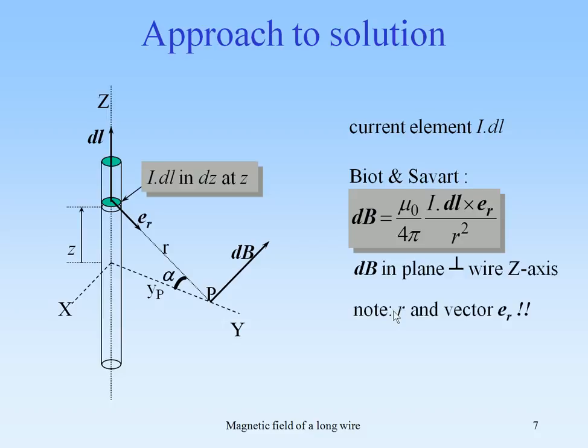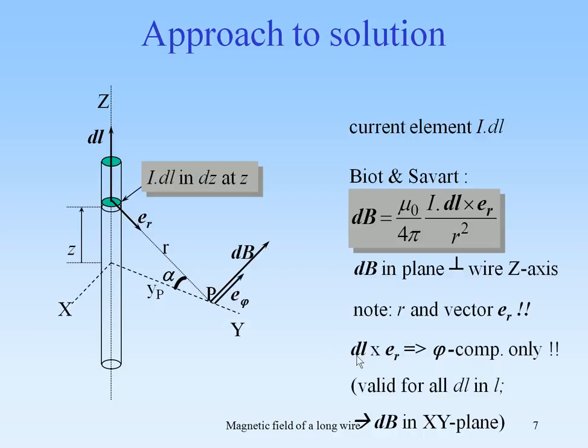Note, we have R and vector e_R here, and dB is perpendicular to e_R. dl times e_R means that we only have a phi component, and this is valid for all dl's in L, and this means that dB will be in the xy plane.